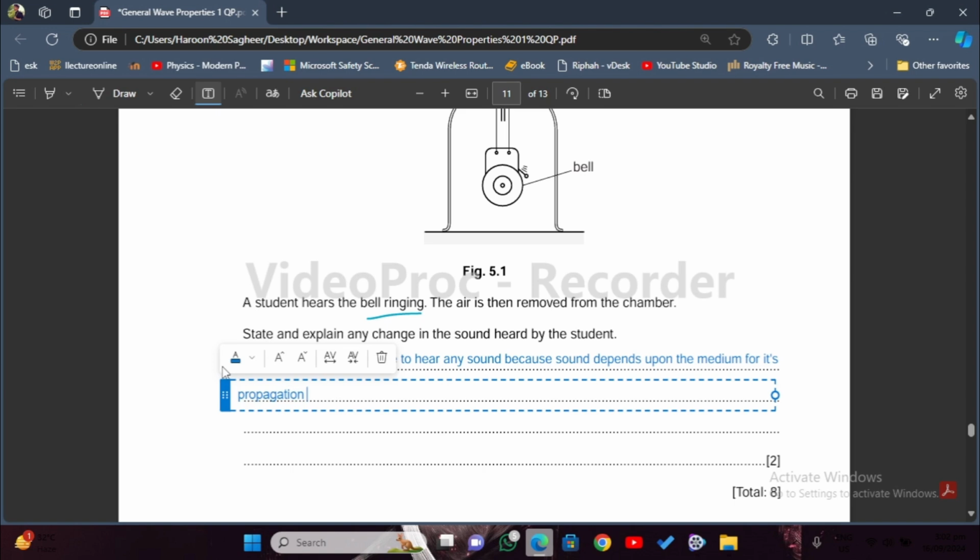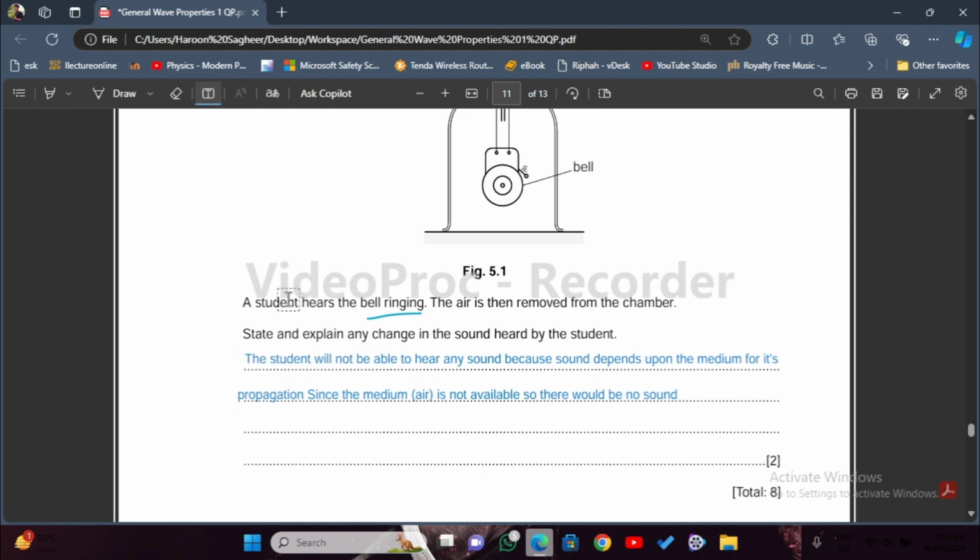Since the medium, which was air, is not available, there would be no sound. That was our question.